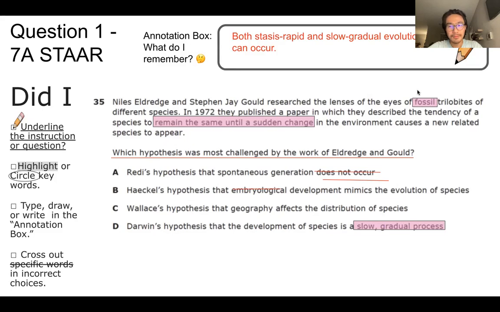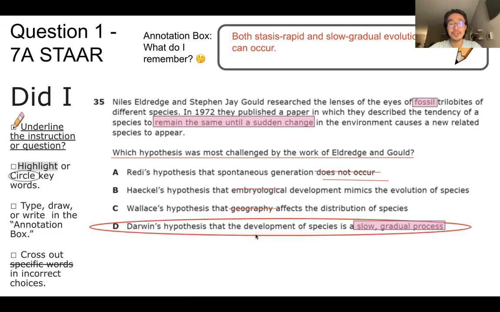When we're thinking about fossils, we can't see anything about embryos, right? Embryos don't have bones, so they cannot become fossilized. Geography. We're actually not looking at where the fossils are, right? We actually don't know where the fossils of trilobites are found, so we can't really talk about geography. Again, geography is about location.